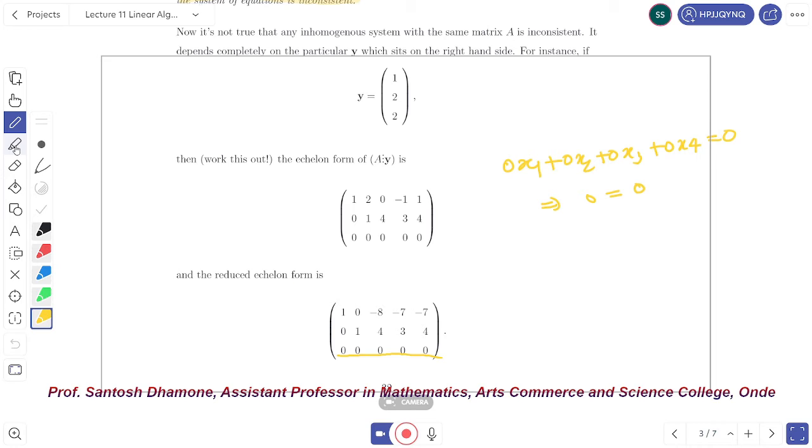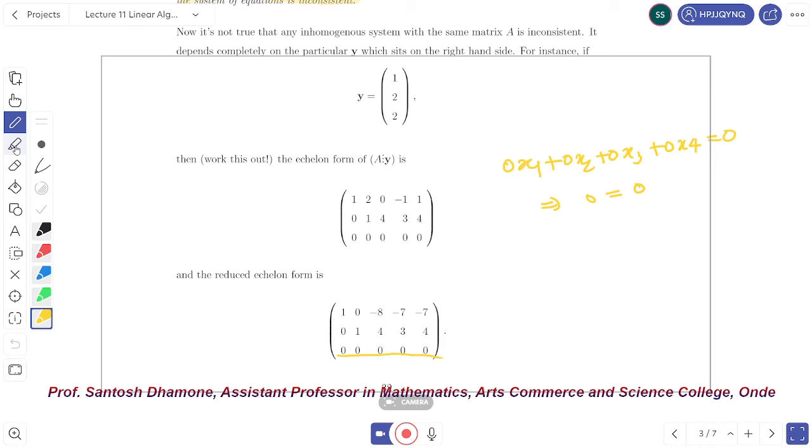Second equation is x2 plus 4x3 plus 3x4 is equal to 4. Here there are two free variables, x3 and x4. Put x3 is equal to s, x4 is equal to t.